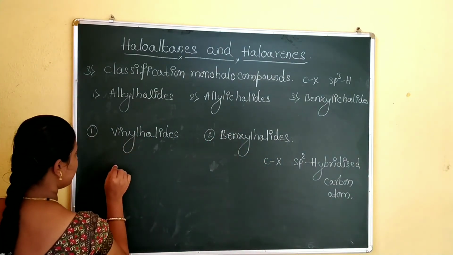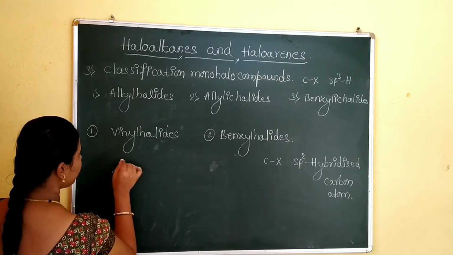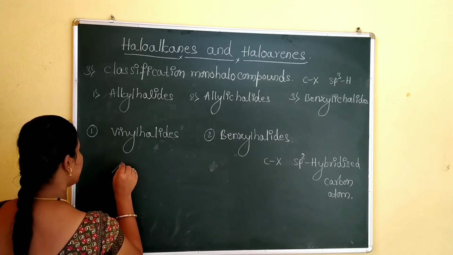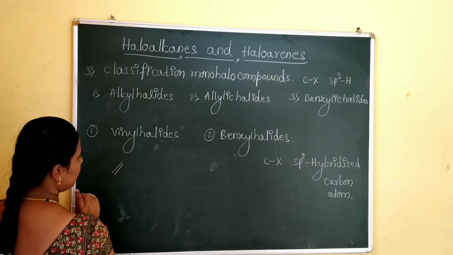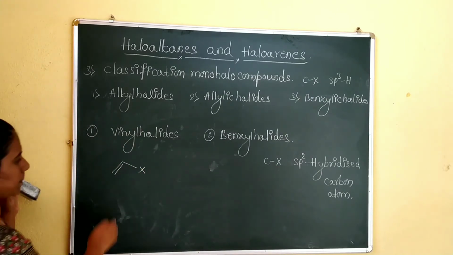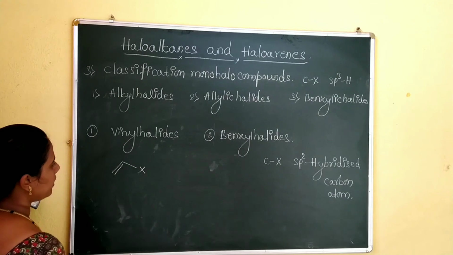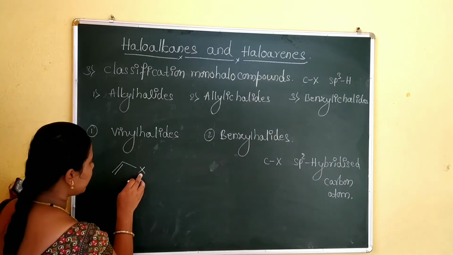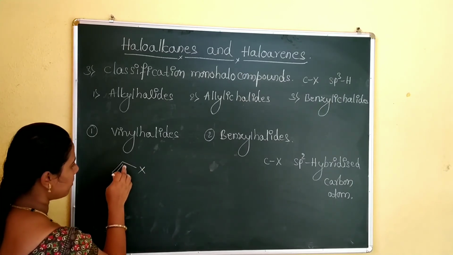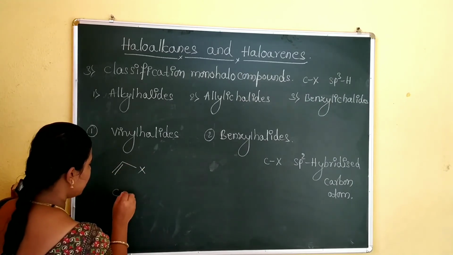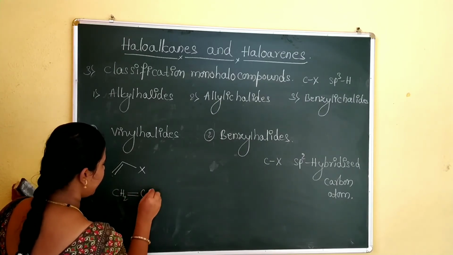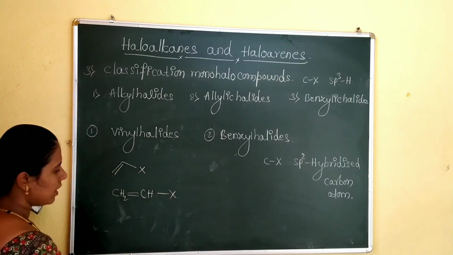See here, vinyl halides. Here in this case, see here, carbon-carbon double bond and halogen atom. Halogen atom is attached to the carbon atom, and it is sp2 hybridized. sp2 hybridized carbon atom means, see here, a carbon atom is there with 2 hydrogen atoms, double bond, CH, to which halogen atom is attached.